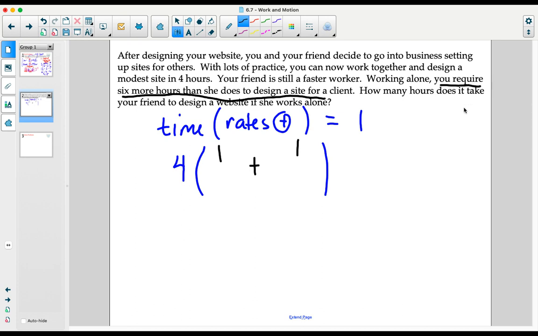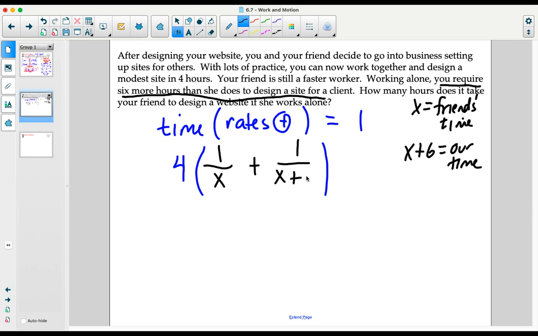Since the question is asking about our friend specifically, we're going to allow our friend's time to be represented by x. Because we take 6 hours longer than she does, our time is going to be represented by x plus 6. So turning both of those into rate fractions for the two individuals that are working, here's our friend's fraction, and here's our fraction.